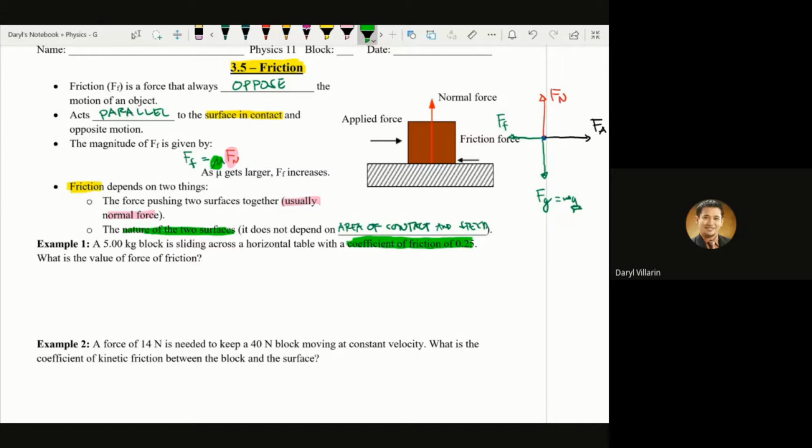It's just a number. And you have the mass of 5 kilograms. What is the value of the force of friction? It's just asking for the magnitude.